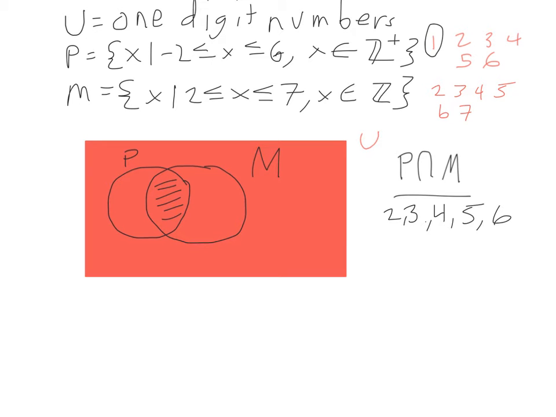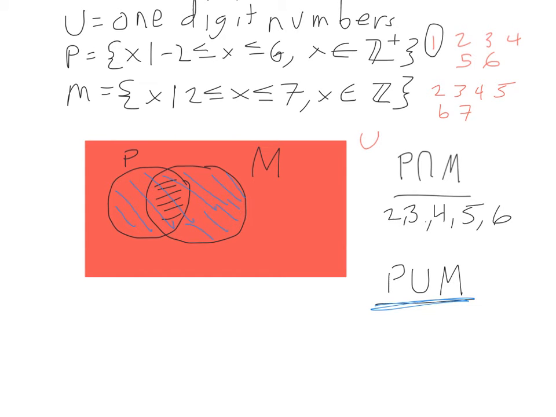Okay, similarly, we had one that looked like this. It was P union M. And remember, the union basically said that anything that was part of either one is now part of the whole. So P intersection M, I'm going to do in blue, and that's everything that's inside of both of them. Okay, so all of this, including the intersection. In this case, you'll notice that anything that was part of P is part of our union.